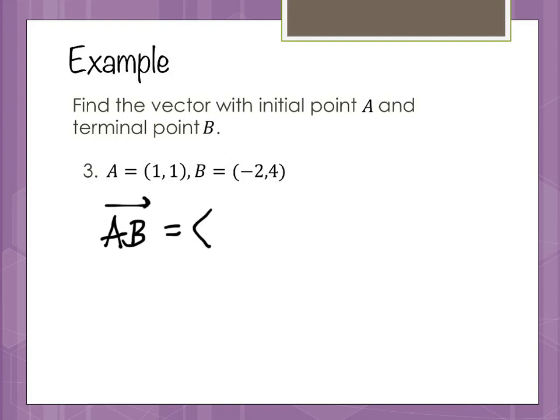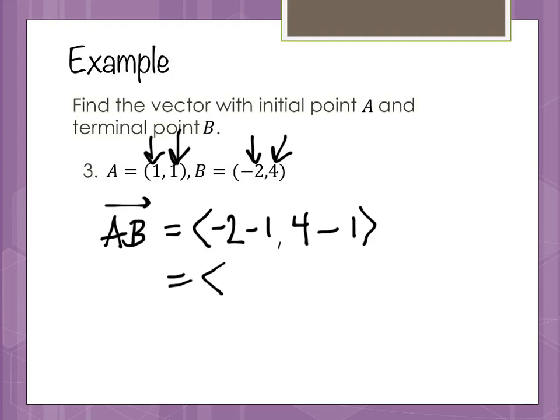All you're doing is you're starting with the terminal point. That's the -2 right here with the b. And you're subtracting the initial point value. That's minus this 1. And you're doing the same thing for the second component. You're starting with the second component 4, and you're subtracting the initial component 1. So you get the value -3.